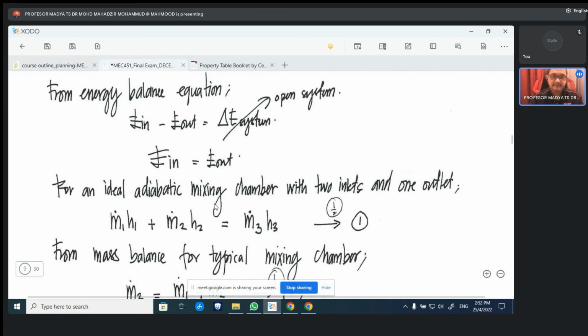Lastly, the ideal adiabatic mixing chamber with two inlets becomes equation number one. Energy in is equal to energy out, so m dot 1 h1 plus m dot 2 h2 is equal to m dot 3 h3.